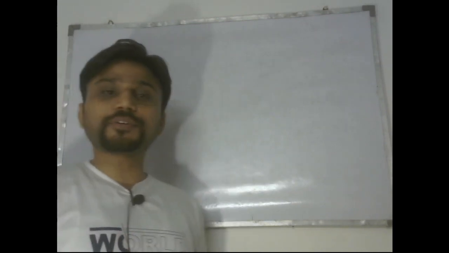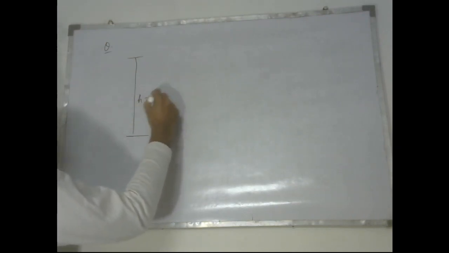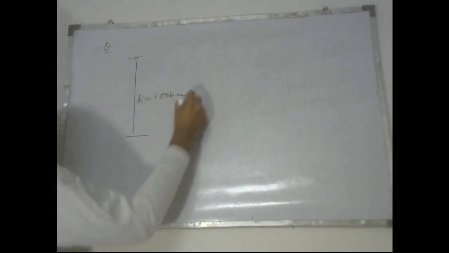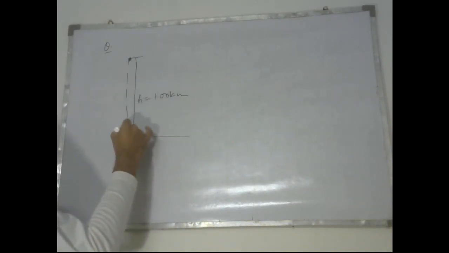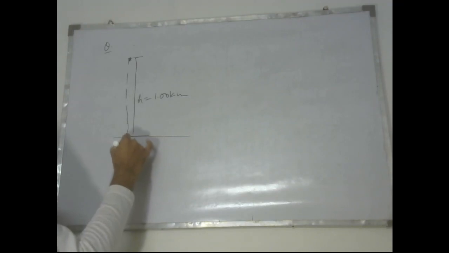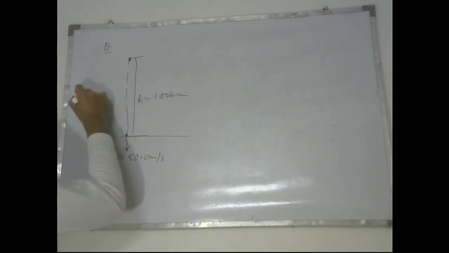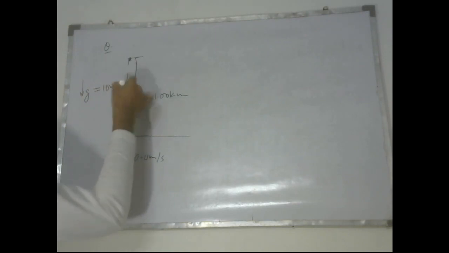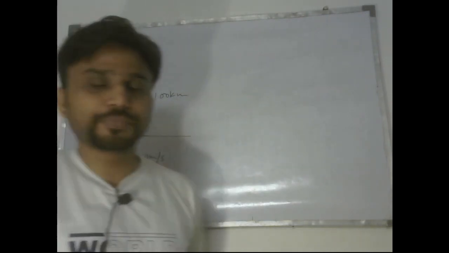We have a raindrop of mass 1 gram, and it is falling from the sky from a height of 1 kilometer. From 1 kilometer height, a raindrop is falling. So after falling through a distance of roughly 1000 meters, it strikes the ground with a speed of 50.0 meters per second. Acceleration due to gravity is given as 10 meter per second square, and it is given that the raindrop started with 0 speed.